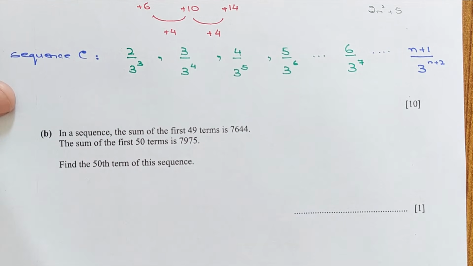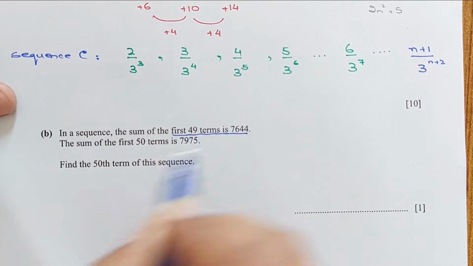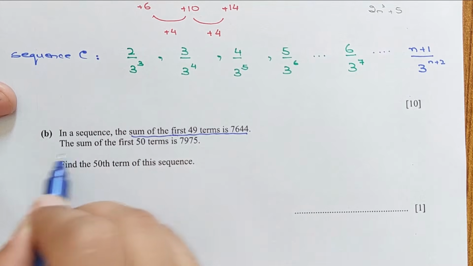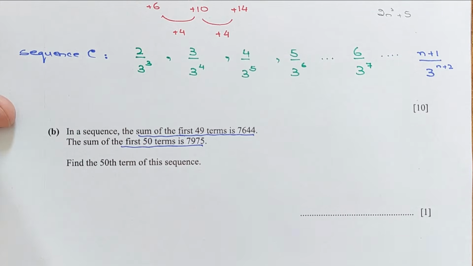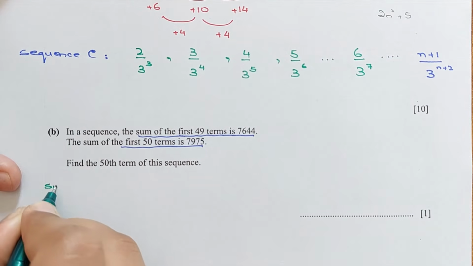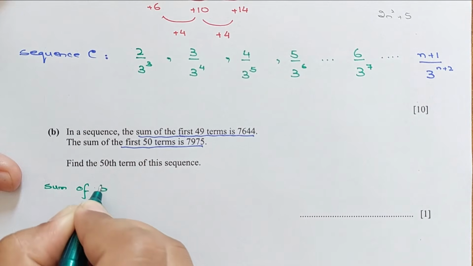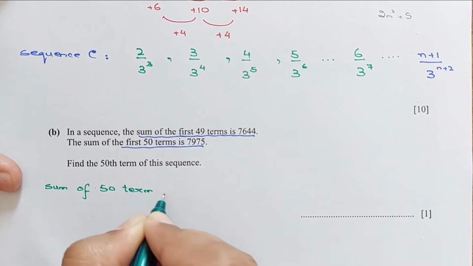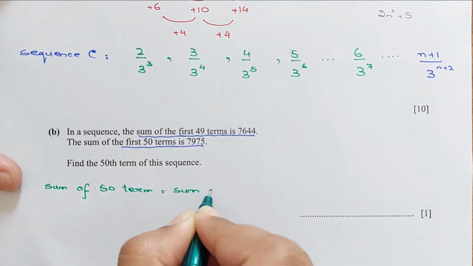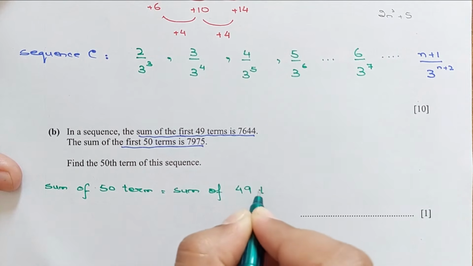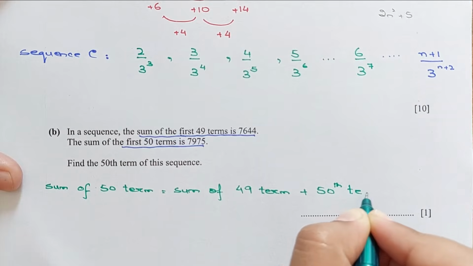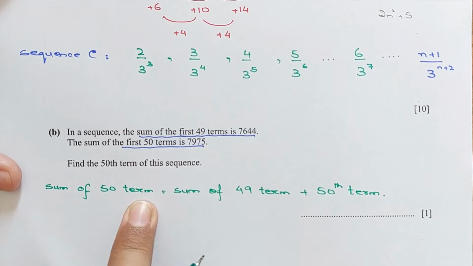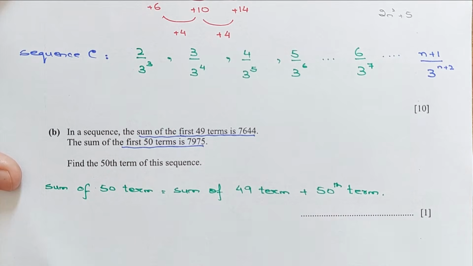Now for part B, in a sequence, the sum of the first 49 terms is given, and the sum of the first 50 terms is given. Find the 50th term of the sequence. The sum of 50 terms is equal to the sum of the first 49 terms plus the 50th term.